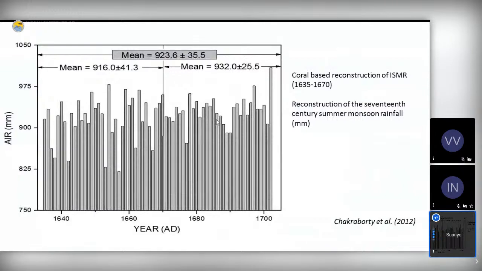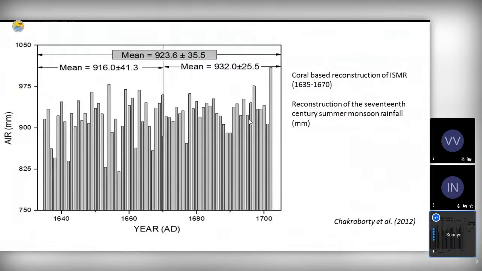And using a fossil coral record, it has been possible to reconstruct the monsoon rainfall during the period of 1630 to 1700. What we see here is that during the early phase of this reconstruction period, the mean monsoon was about 916 millimeter per year, with a higher variability of about 41.3.